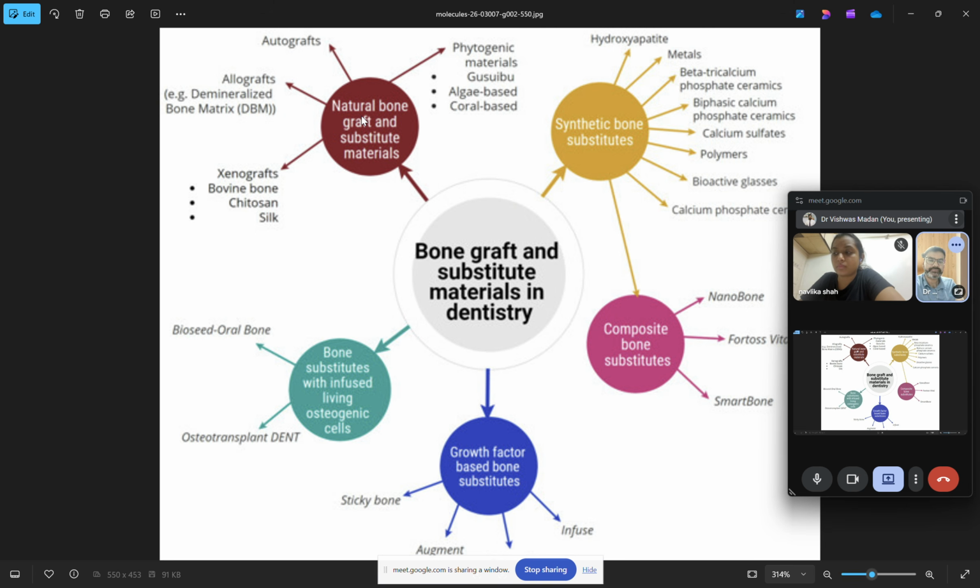Okay. And then we also have growth factor based bone substitutes which we can make. In our case we will make something known as PRF. You must have heard of PRF, platelet rich fibrin. Basically we get the blood out from the body of the patient, and run it in a centrifuge in a special test tube.